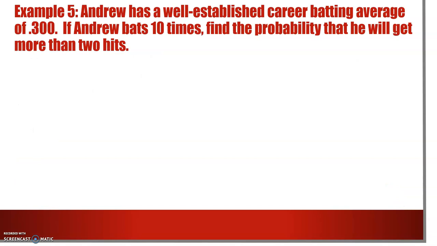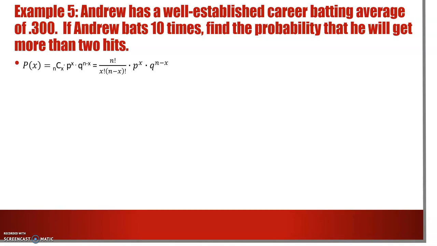Example 5. Andrew has a well-established career batting average of 300. If Andrew bats 10 times, find the probability that he will get more than 2 hits. That batting average of 300 is the decimal 0.300. It's going to give us our probability.